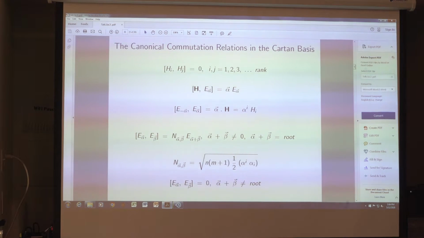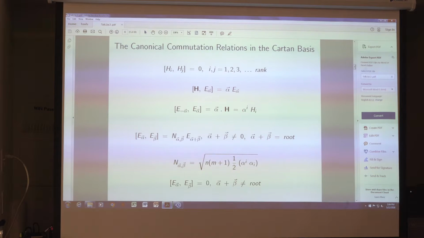In physics, this is very important because this is saying that one particle can interact with another particle if the sum is a root, and the result is the sum. For example, a gluon and a quark.